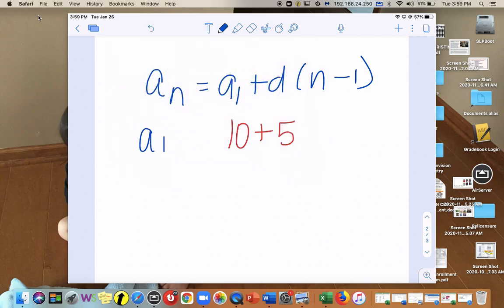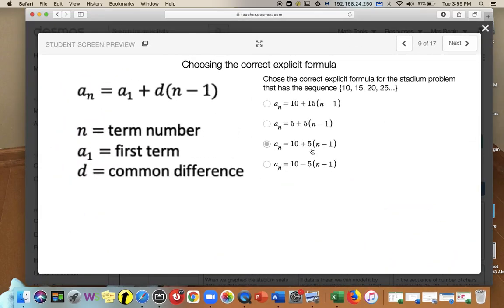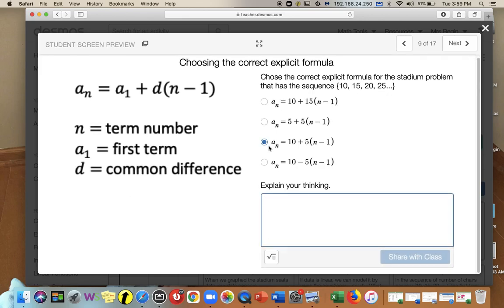So here is one way to write this equation right here. So let's see if that is an option. Okay, so again we have 10, and we're adding 5 every time. And the reason why I chose this one is, well, our starting value is 10, and we're adding 5 every row.